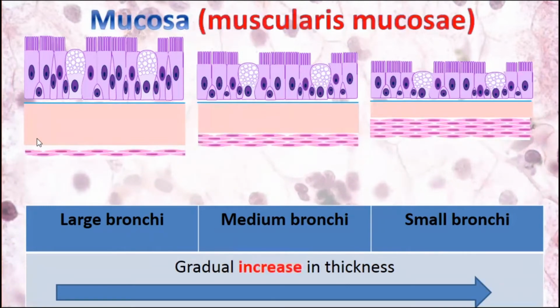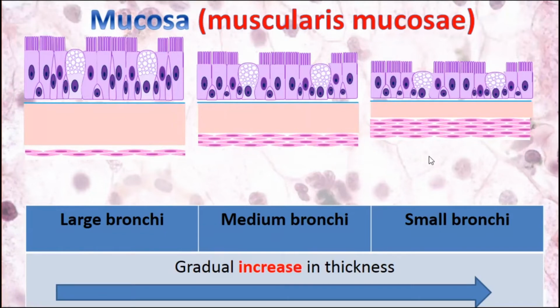But the next layer is a specific layer, it's Muscularis mucosa, and please look at the thickness and number of layers of smooth myocytes. The thinnest Muscularis mucosa is present in the large bronchi, but in the small bronchi it's well developed. So here we can see gradual increase in thickness of Muscularis mucosa.